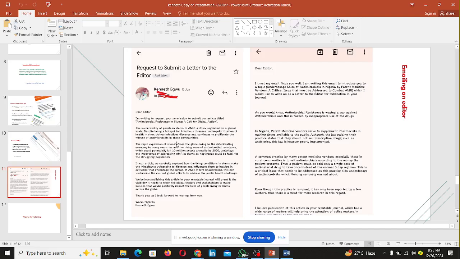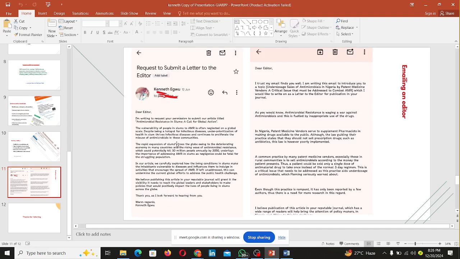Because I mentioned that if you are trying to write a particular manuscript, more of a letter to the editor or perspective or viewpoints, they will require you to reach out to the editor to inform him or her about the work you are trying to publish in their journal. So these are some of the letters that we wrote to the editor.